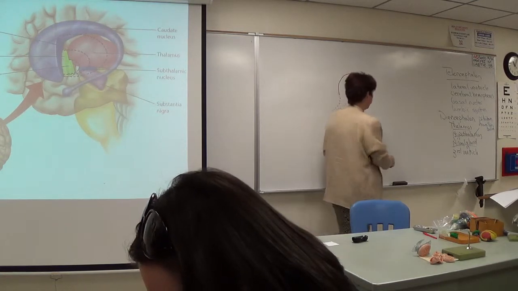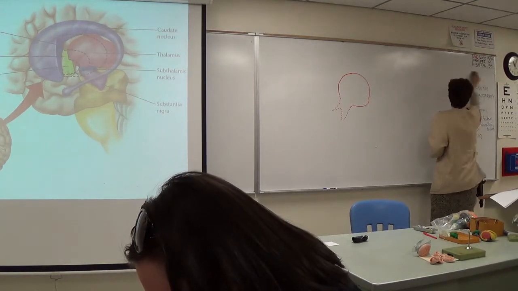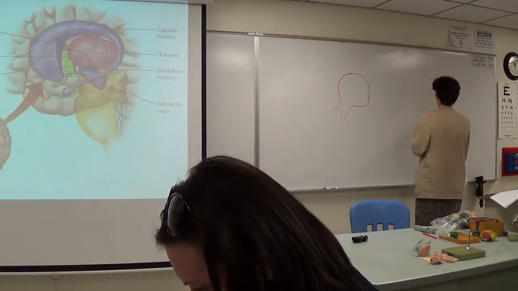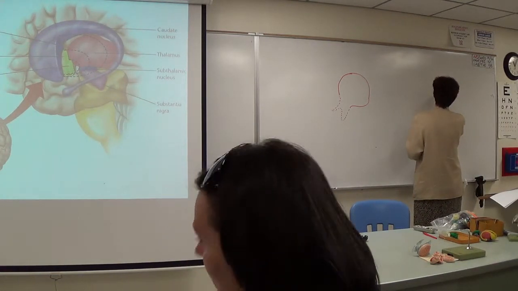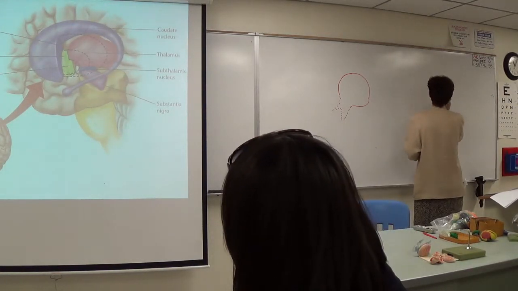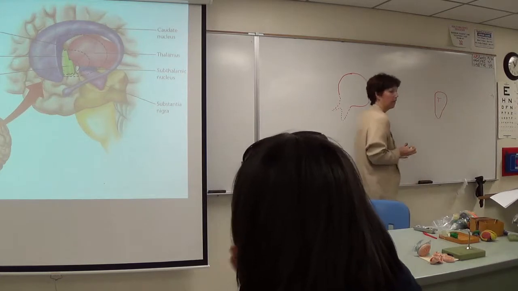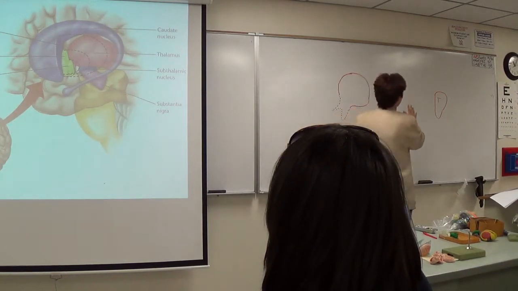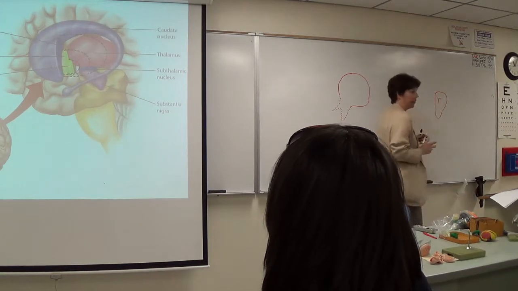So that's the thalamus, and I'm going to draw it kind of as a heads-on view here. So that would be thalamus. All right, so this is one side. This would be looking at somebody and seeing the left side of their brain.